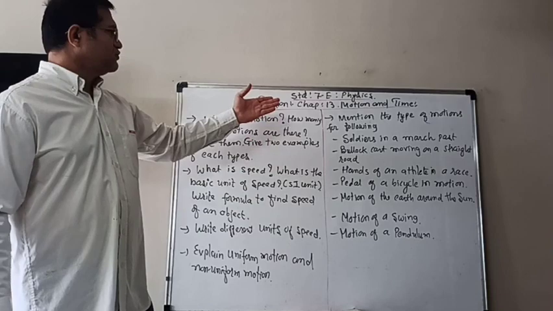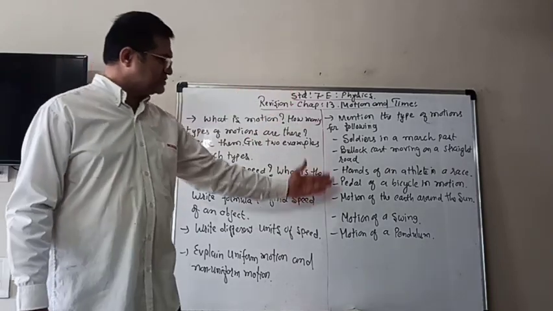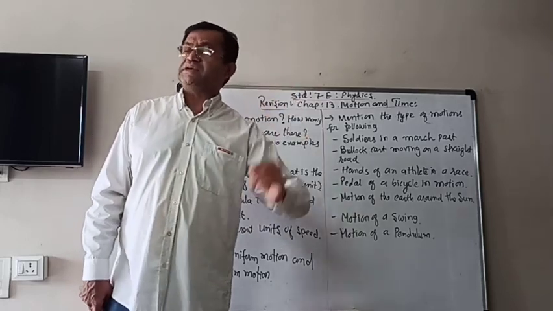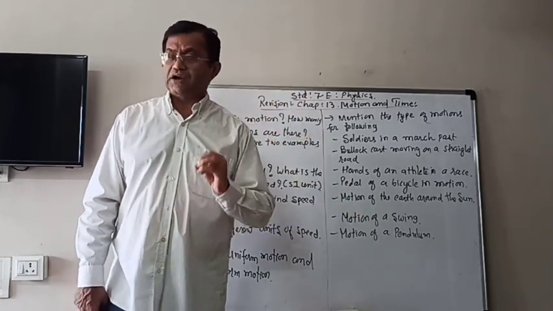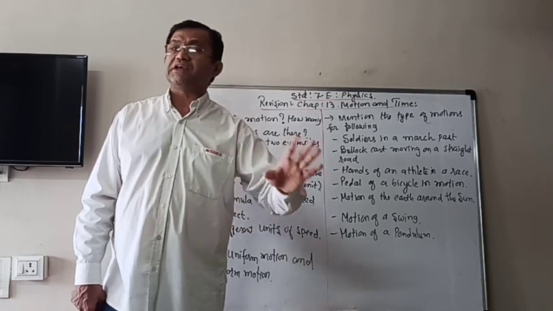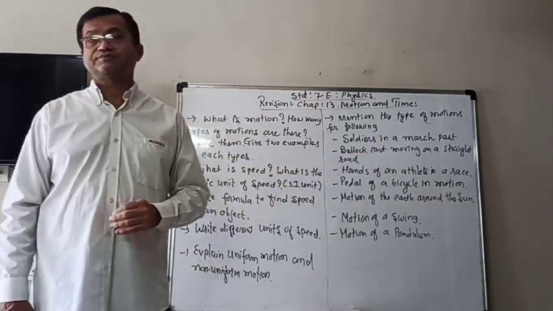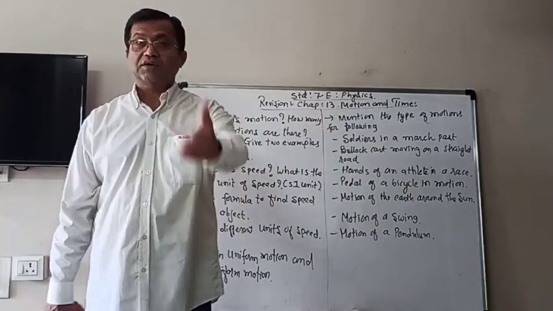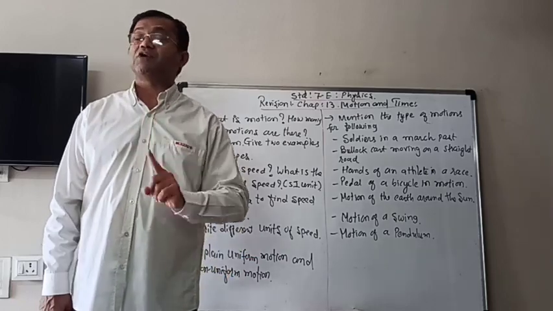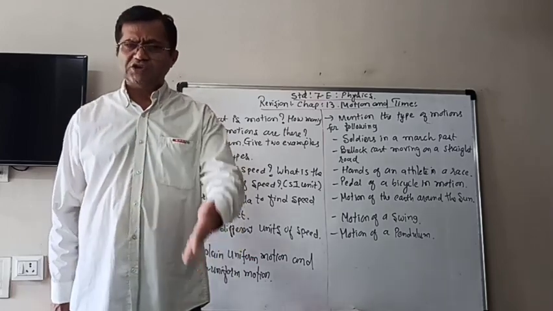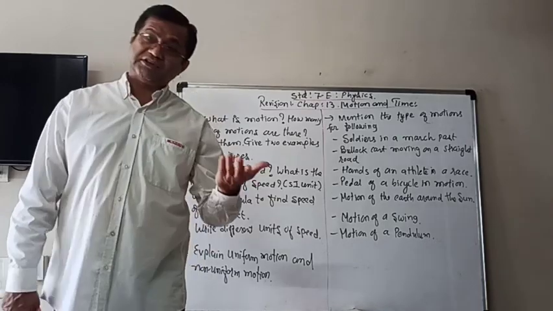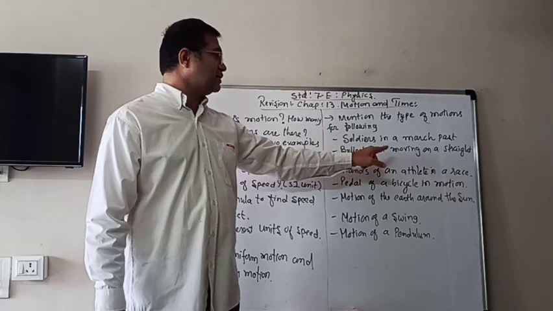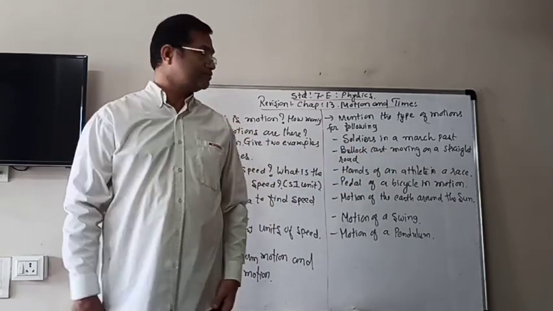Then here we give some examples of motions, and by thinking you have to write down the type of motion in each situation. Like soldiers in a march past, how they walk. I'm not going to give you the answer, but just watch how they go, either in a straight line or whatever. Second, a bullock cart moving on a straight road.